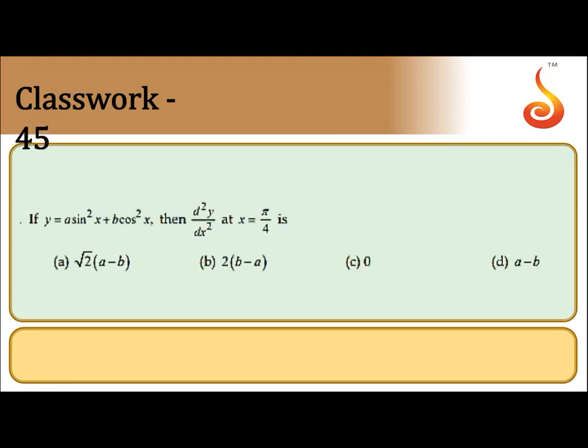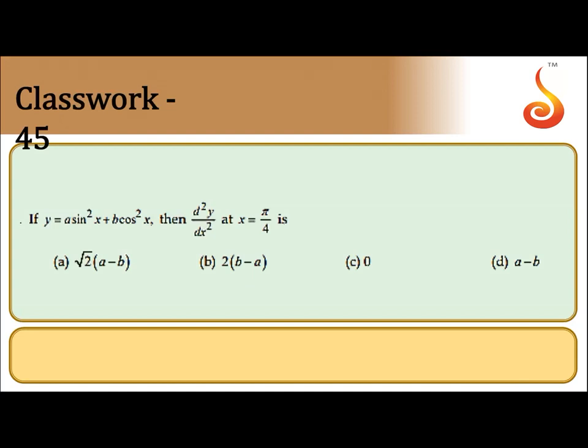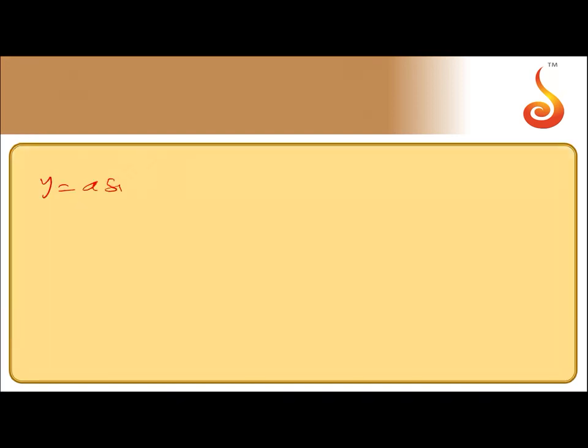Let's see the next one. Y is equal to a sine square x plus b cos square x, and we need the value of the second order derivative at pi by 4.